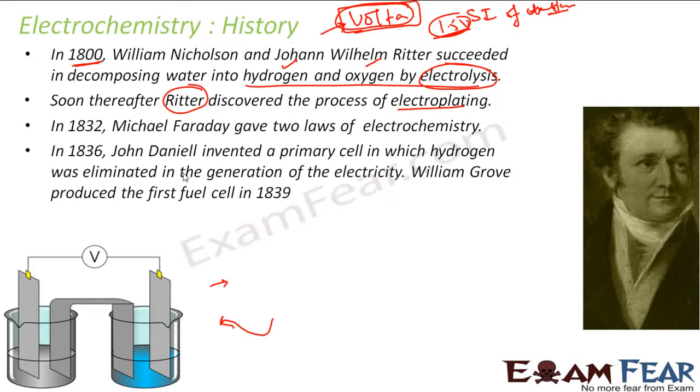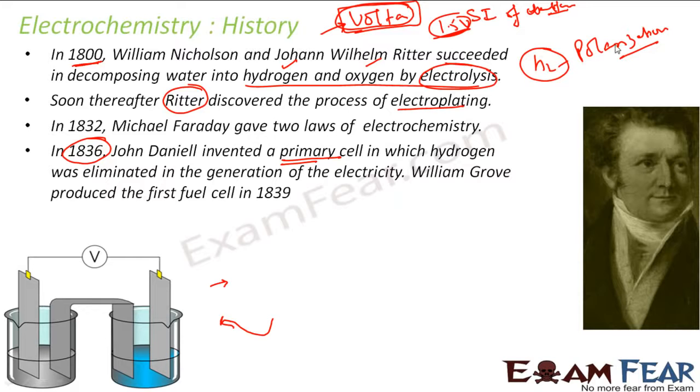And then this John Daniel in 1836 invented the primary cell. So the earlier issue with the voltaic pile, which I'll explain, was that hydrogen gas was bubbled, and that leads to polarization of the battery. I'll tell you what polarization of a battery is.